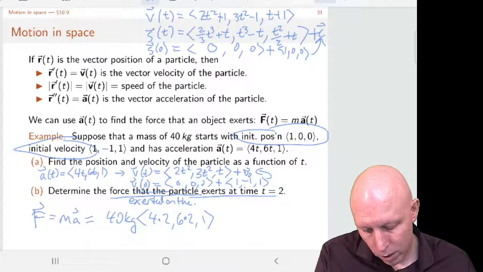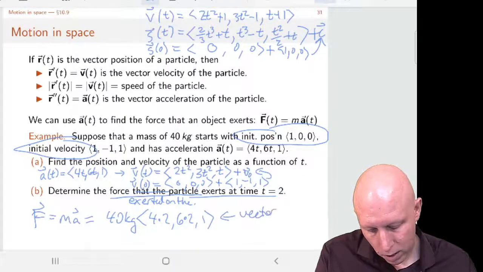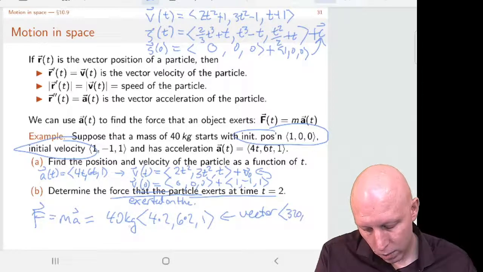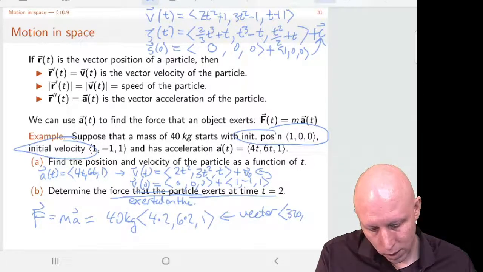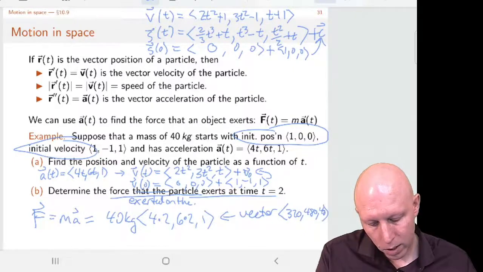So this is the force, this is a vector, and we could just write out, let's see, 40 times 8 is 320, 40 times 12 is 480, 40 times 1 is 40.